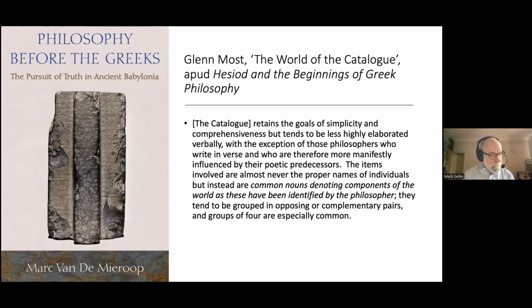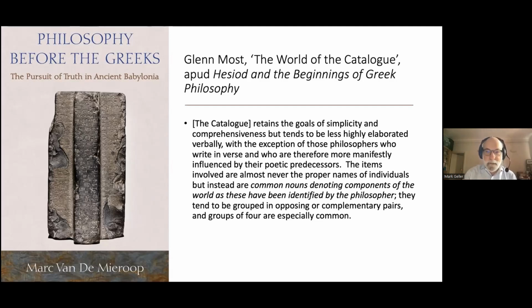But he goes on, however, to describe these lists or catalogs among early pre-Socratic philosophers, such as Empedocles. So while Glenn Most demonstrates no awareness of Mesopotamian Listenwissenschaften in this article, he discusses new discursive forms among early Greek philosophers who use common nouns designating material objects. Most sees these lists as developments from earlier catalogs in Greek epic poetry, used in an argument rather than to be the object of admiration in its own right.